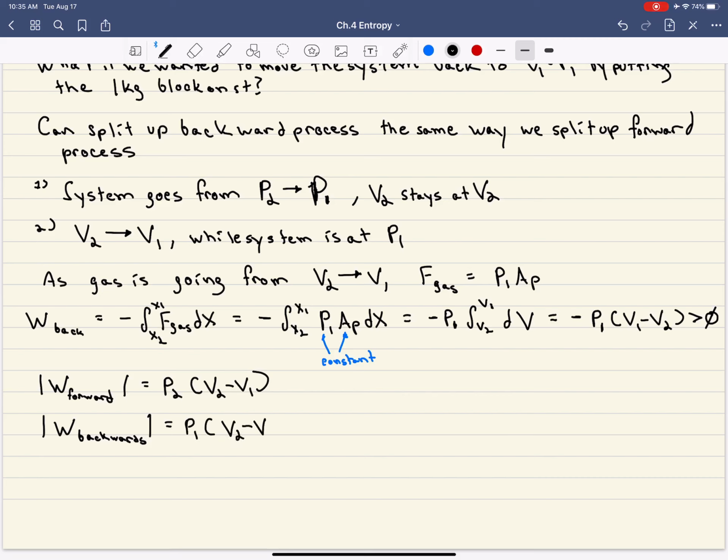And we know that pressure 1 is greater than pressure 2, and so that means that the magnitude of the work backwards is greater than the work forwards.